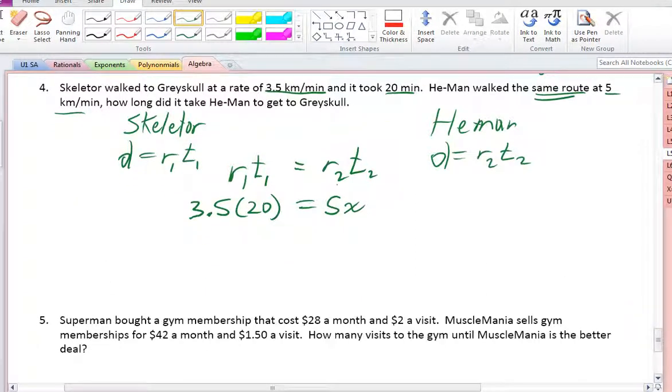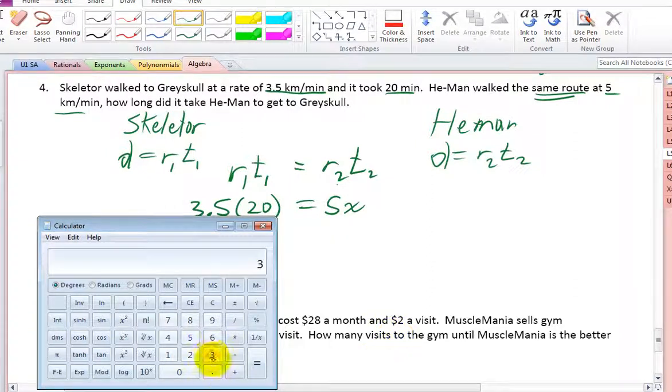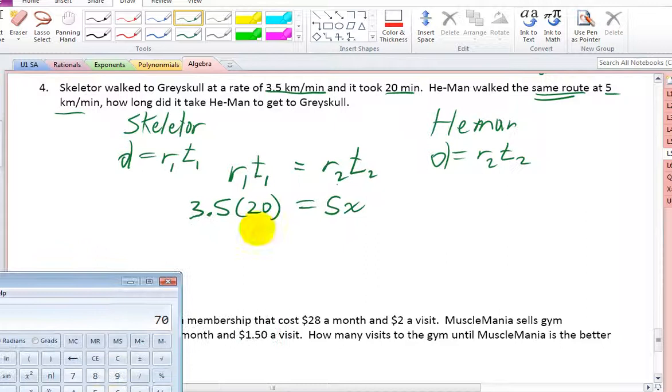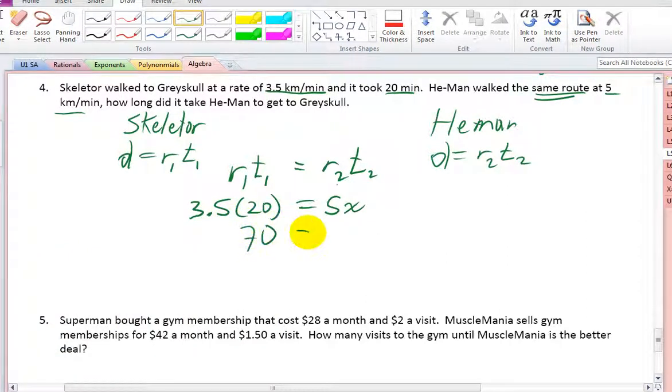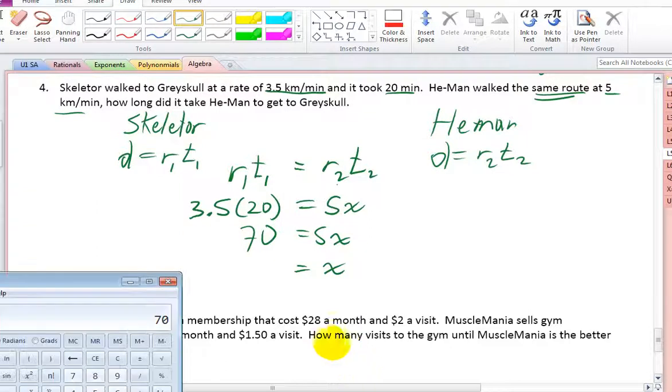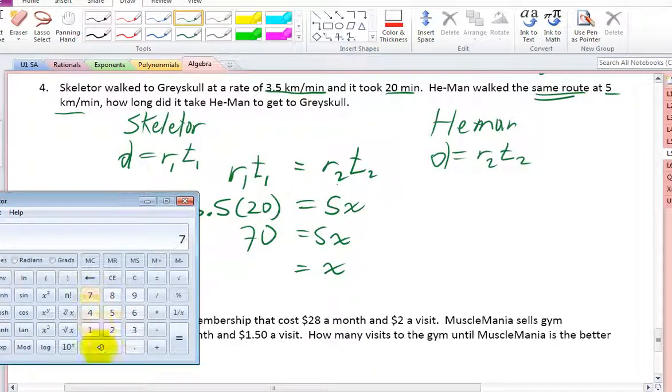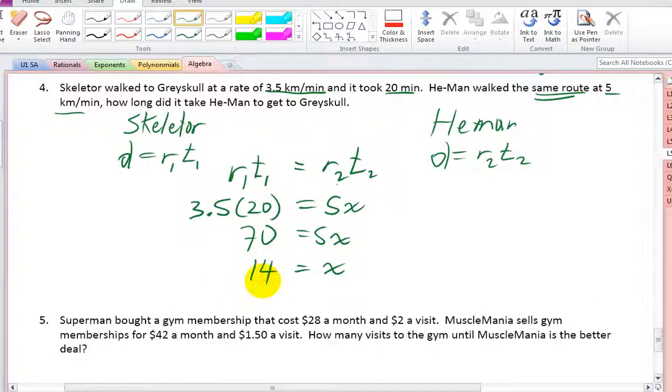Okay, so let's solve for this one. 3.5 times 20, we had 70, equals 5x, so x equals what? X equals 14. So it took He-Man 14 minutes to get back. He walked a little faster, didn't he? Okay. All right.